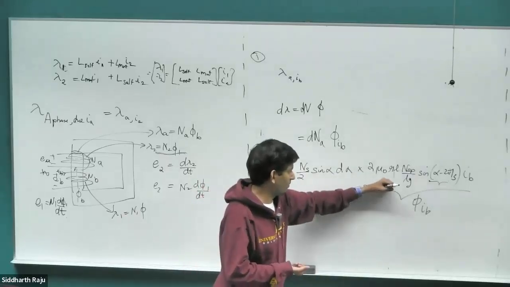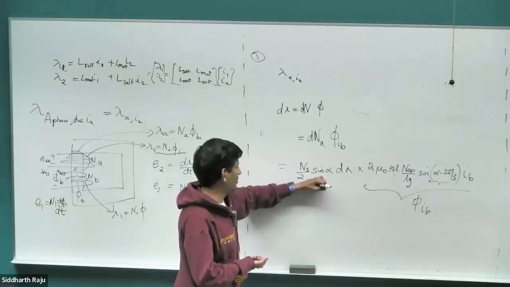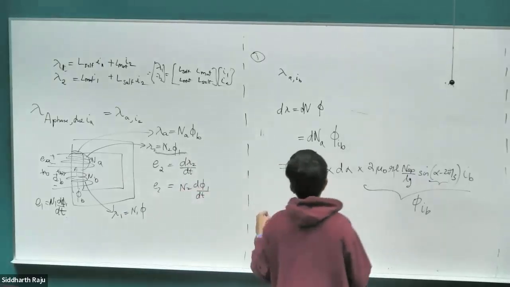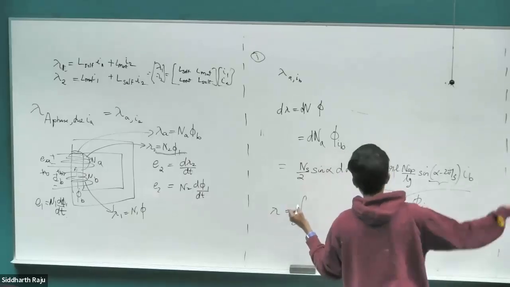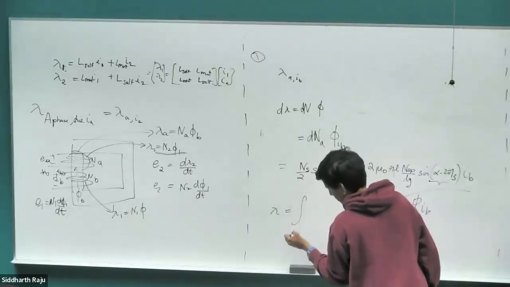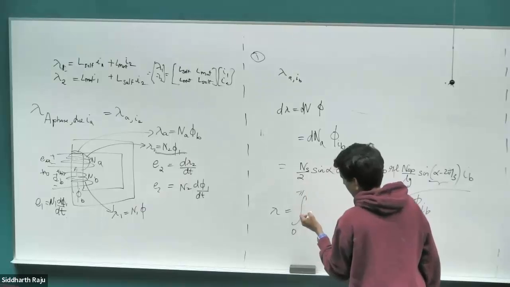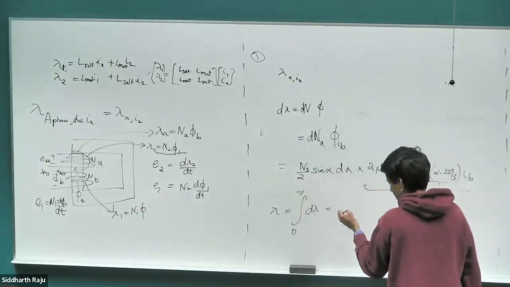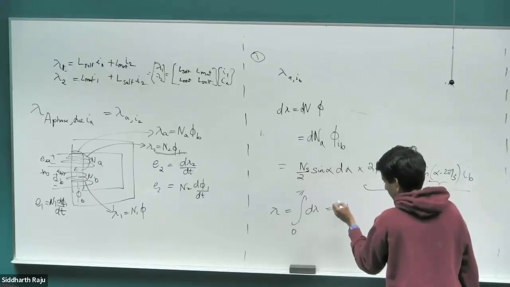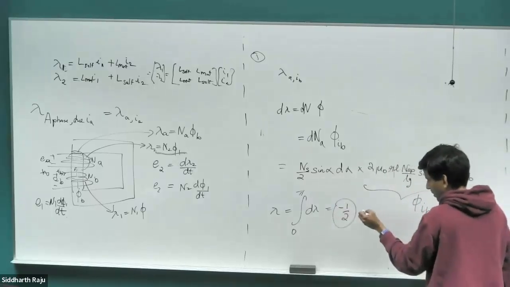So the flux term is from the B phase, the conductor density is from the A phase. If you do this integration, a pretty straightforward integration, do the same thing we did before, plug it into Mathematica, and it's going to spit out the solution for you. The result would come out to negative 1 by 2. The negative term is quite important.